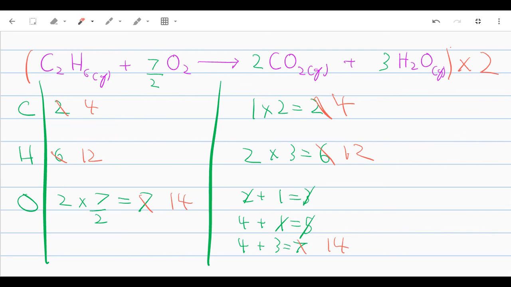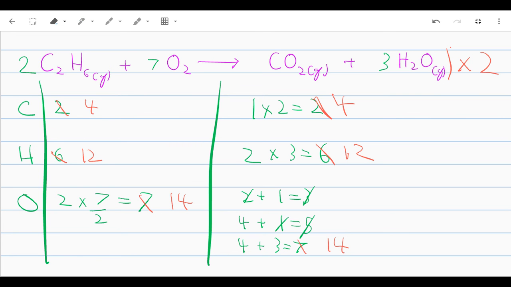So what that means is we need to change all of these coefficients. The ethane got multiplied by 2, so it gets a 2 in front of it. The oxygen's actually nice and easy, because we multiply it by 2, it just cancels out the 2 on the bottom, so we can erase our fraction.